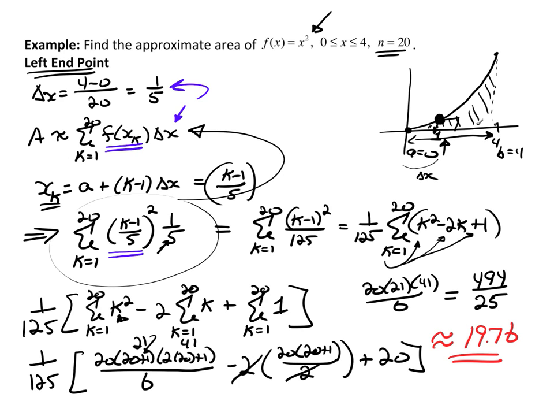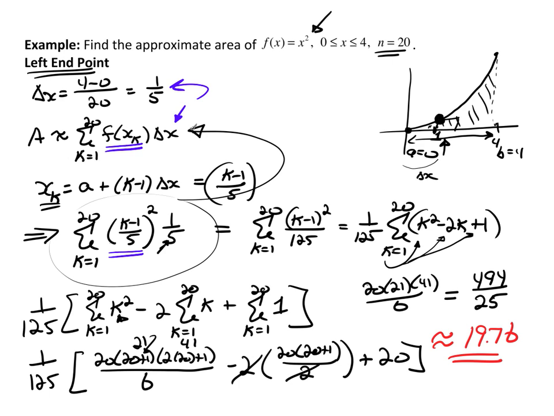If I'm talking about area here, I don't know if my units are inches or yards or light years. I don't know what my units are, but whatever they are, it's going to be square something. So that's the area under the curve. If this was actually a velocity and time function, then this would be perhaps 19.76 miles traveled. It depends on the actual interpretation if you have a physical phenomenon you're modeling versus simply calculating the area under the curve.